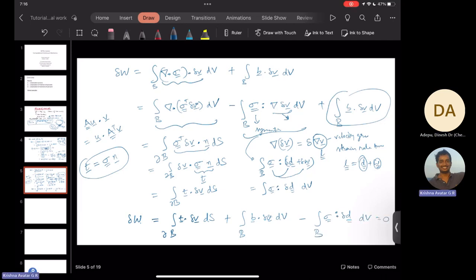Now in the next slide, let's just change the order. If we multiply throughout by -1, it does not affect the equation, right?